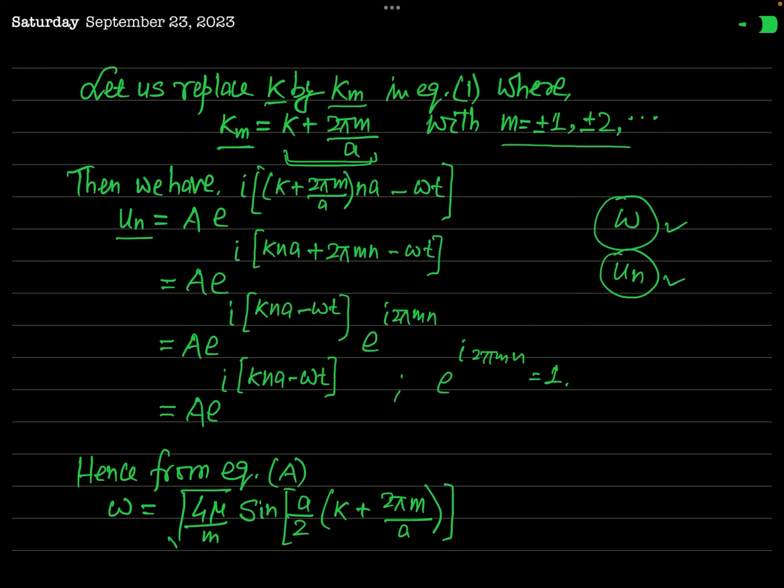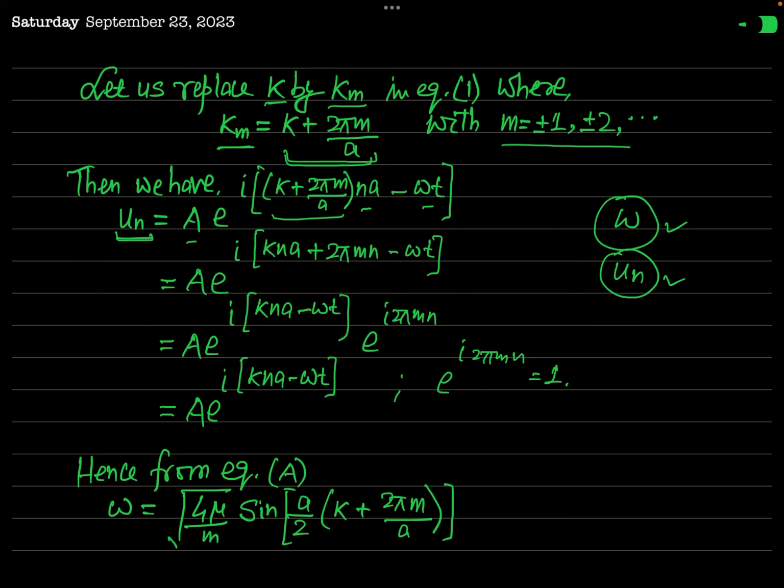Now we are going to find the value of un when k has been replaced by k plus 2 pi m over a. In this condition un will be given by a times e to the power i, and in place of k now I am writing k plus 2 pi m over a, times Na minus omega t.